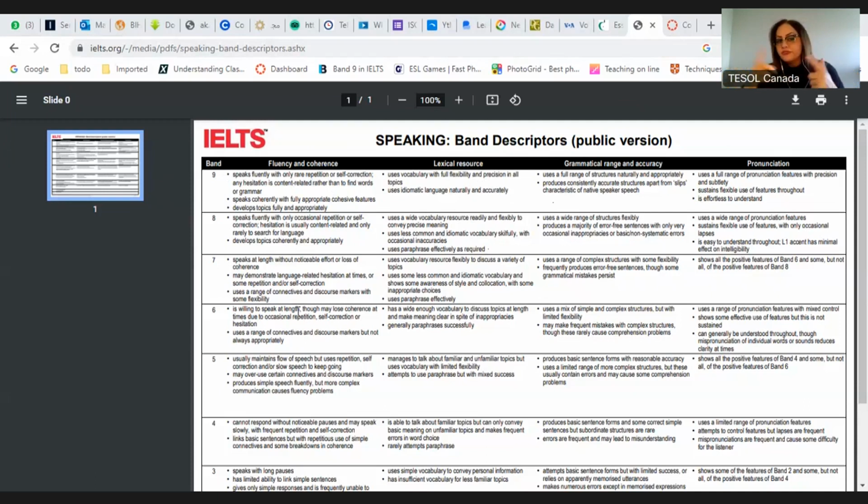Grammatical range uses a full range of structures and how well they use different structures, and it should be accurate, of course. And pronunciation, so correct pronunciation with correct stress, intonation, and rhythm also matters.